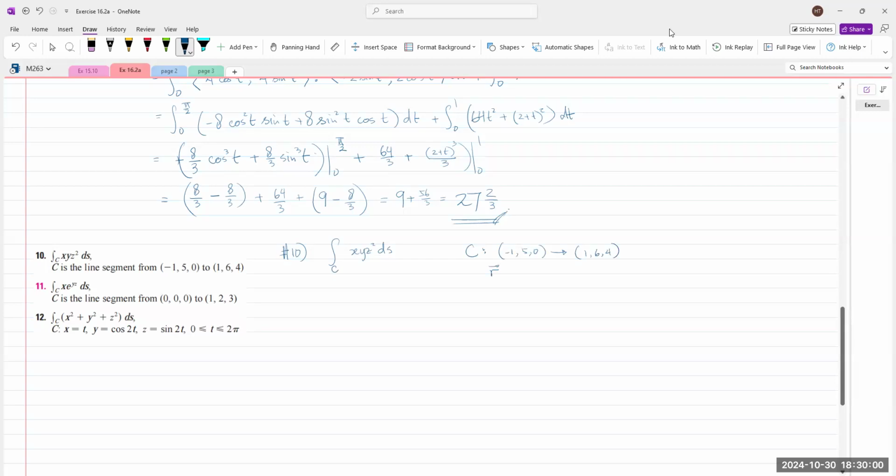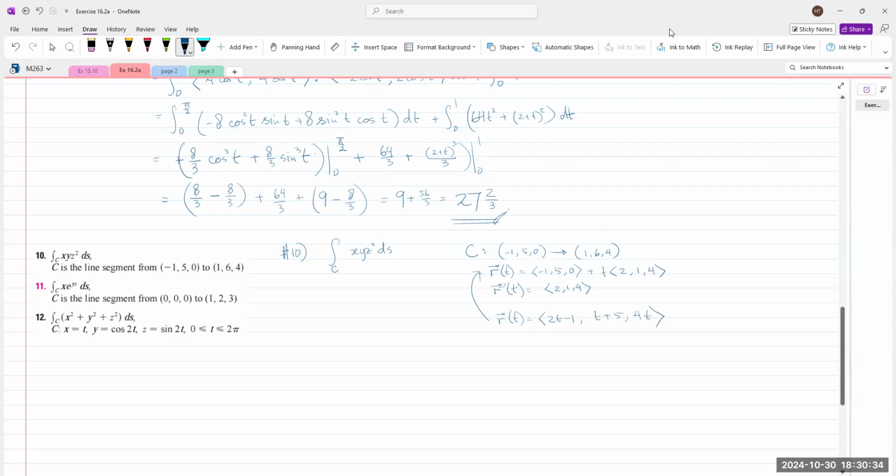So r(t), when we parameterize that, will start from (-1, 5, 0) plus t times the difference, that's (2, 1, 4). Of course, r prime t therefore equals (2, 1, 4), right? But I prefer to write r(t) in a more complete way. r(t) will be (2t minus 1, t plus 5, 4t).